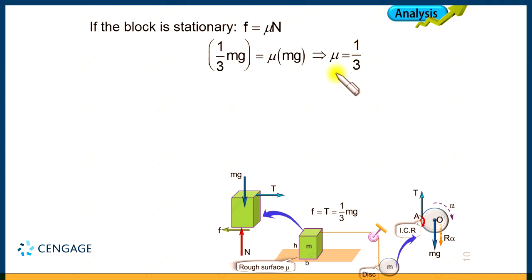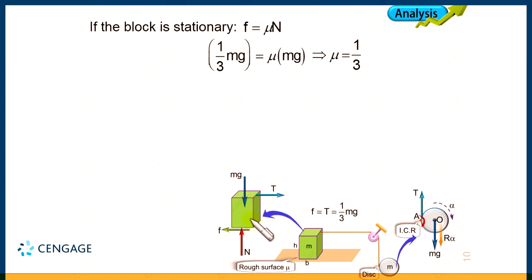This is the minimum possible value of the coefficient of friction for which this block will be at static equilibrium, right? But let us observe this free body diagram again. What happens if we increase the value of T? Small f will also increase, and this value will keep on increasing up to where small f equals mu multiplied by N. But up to that point, capital T is equal to small f.